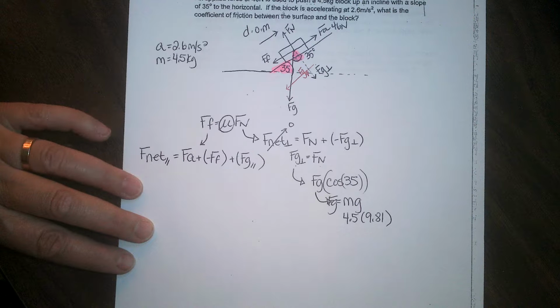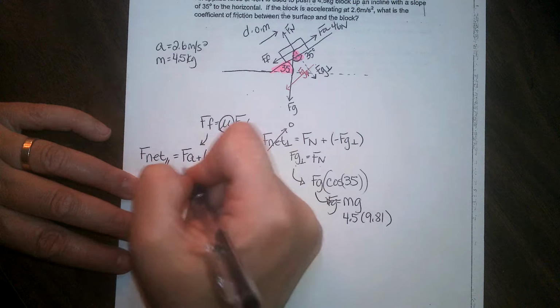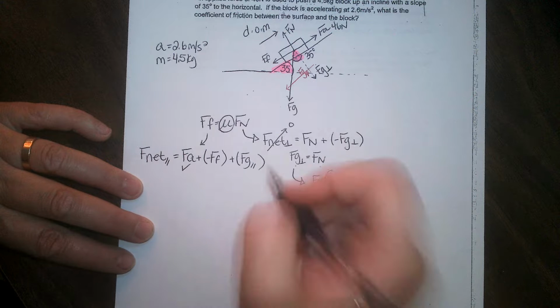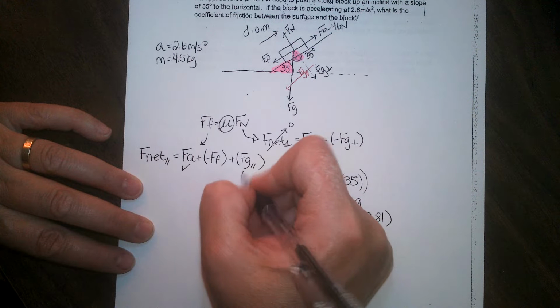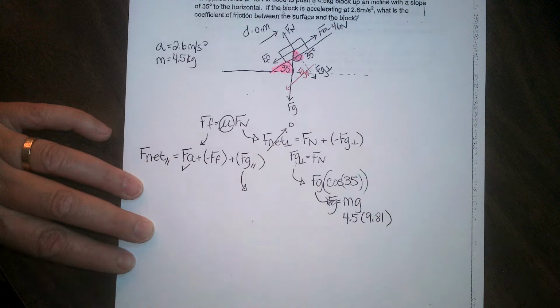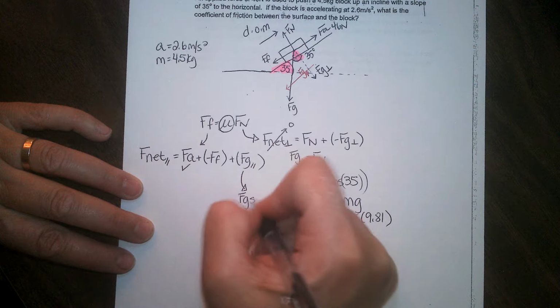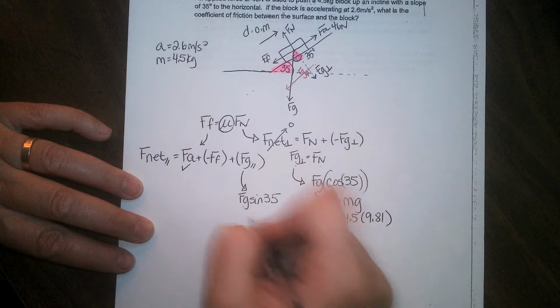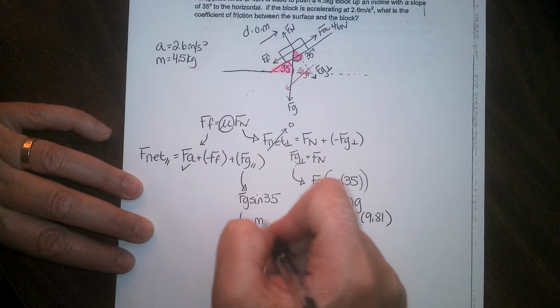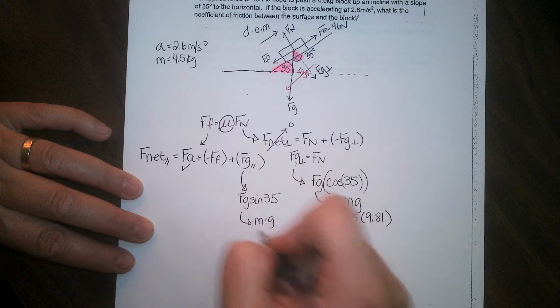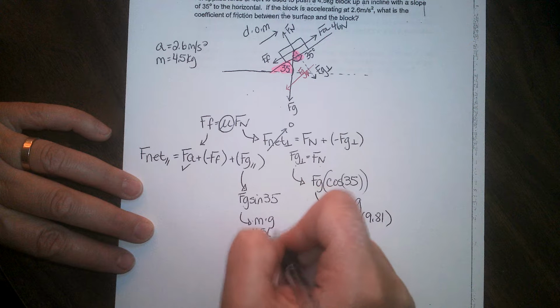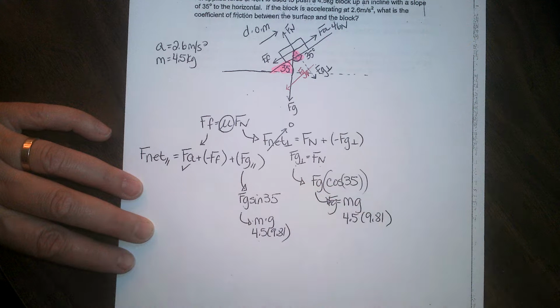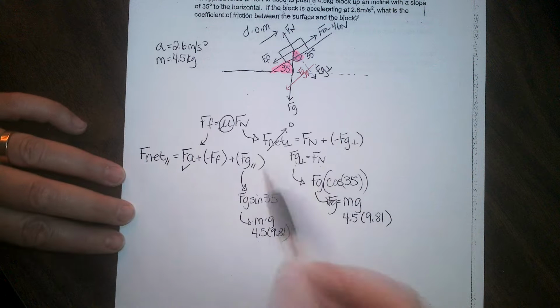Now, we have force applied. Force gravity parallel, we don't have. How do we solve for that? And then the force of gravity is going to be mass times gravity, which is 4.5 times 9.81. So that's going to take care of this line.